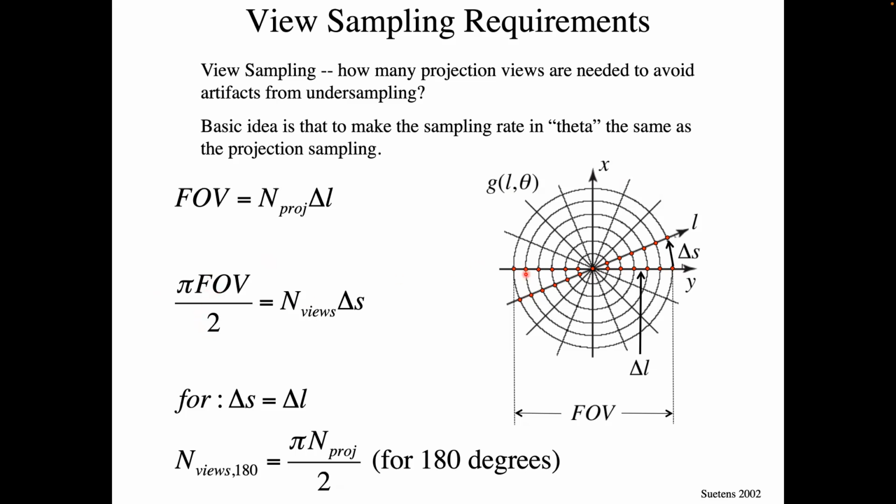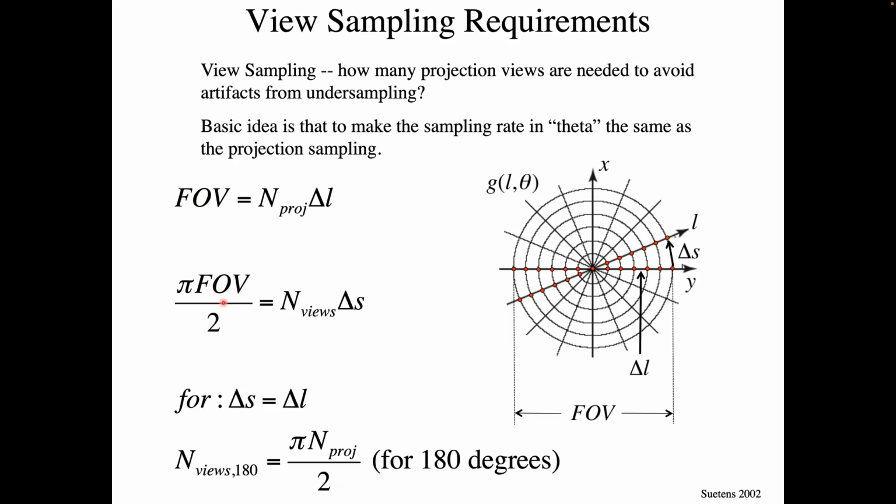FOV is my number of samples in this direction times delta L. So this should be N sub L, which would have been a better term for this. The number of projection samples times delta L gives my field of view. The length of this line here is pi field of view over 2, just from simple geometry.